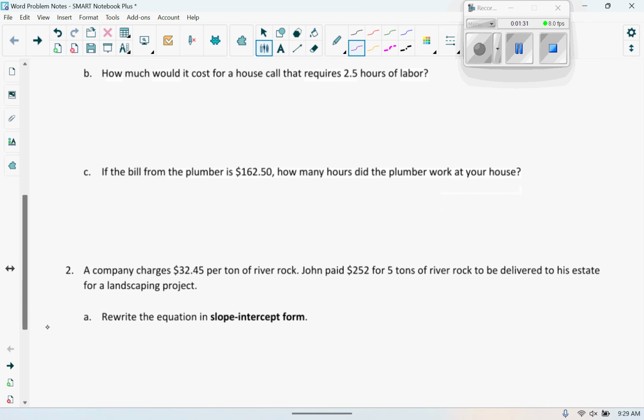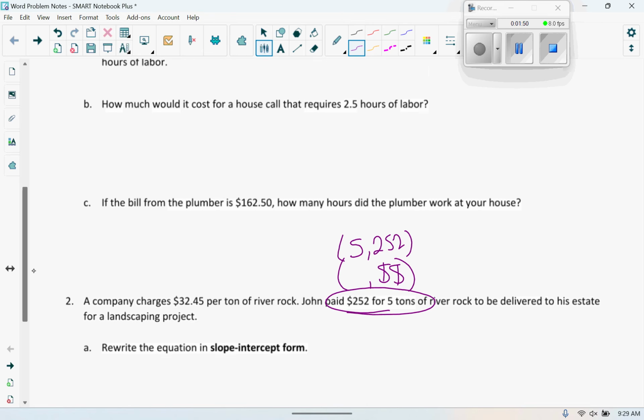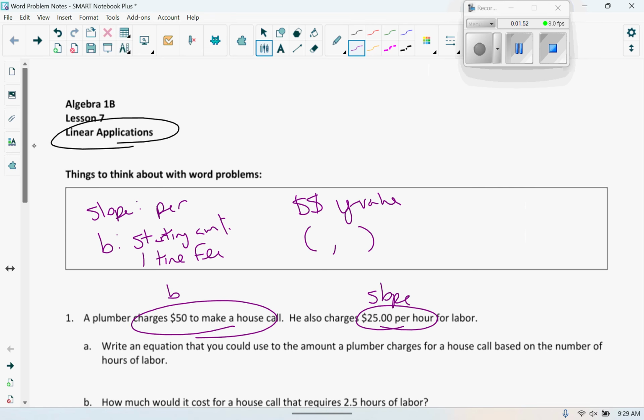Right here, this situation is actually giving you a coordinate point. If you're given a choice, you always want to put the money in the Y value. So this would be 5, comma 252, like that. Those are just some things to think about before we get started.